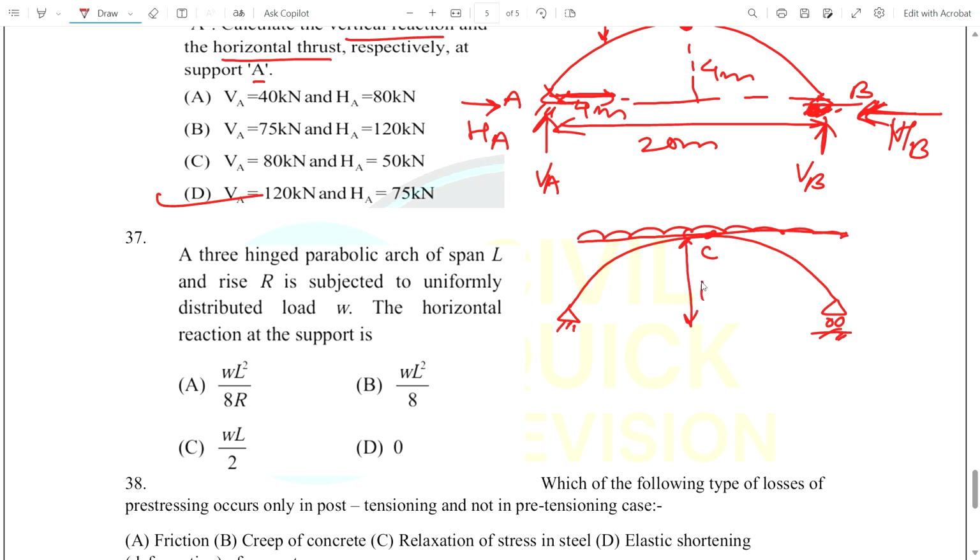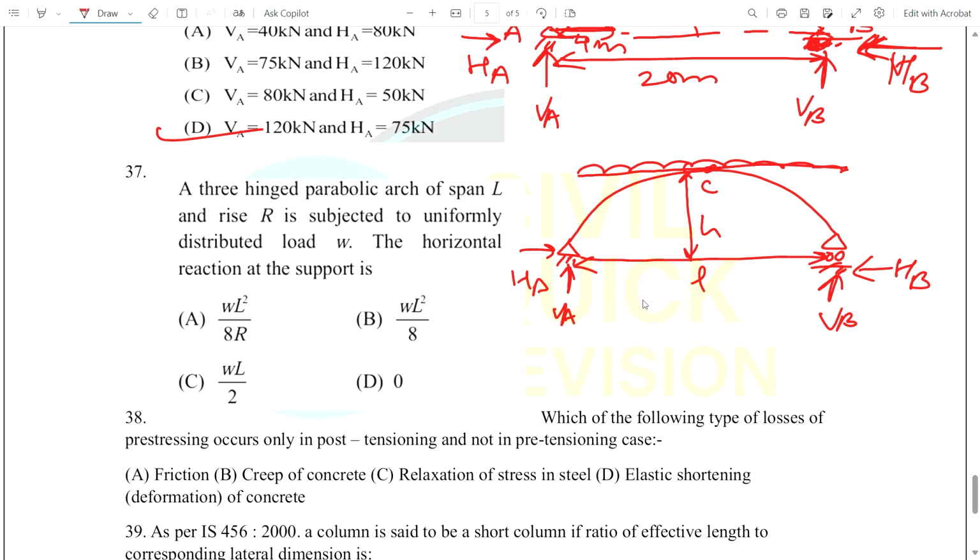This is the height H, this is the length L. There are VA, HA, VB, HB. But they ask for the horizontal reaction at the support. VA is equal to VB is equal to WL by 2.